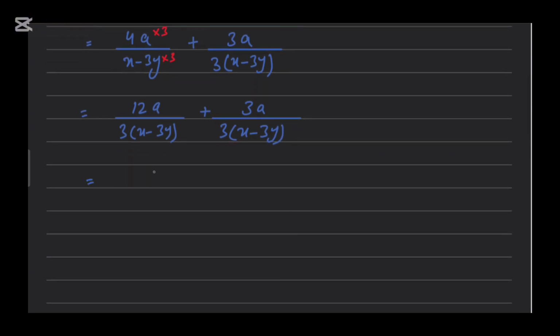So what is the LCM here? 3 into x minus 3y is the LCM, because both denominators are the same. So in the numerators you will add 12a plus 3a.